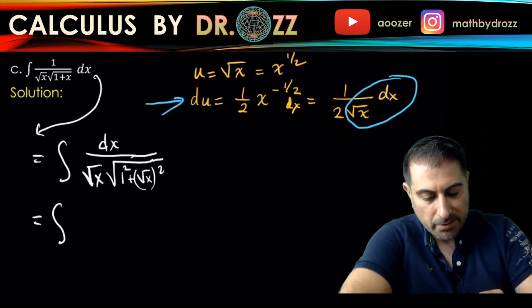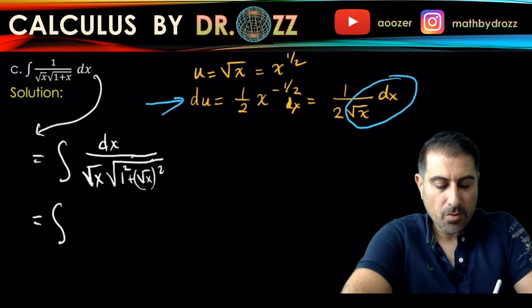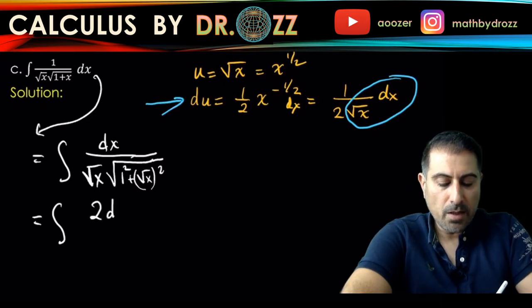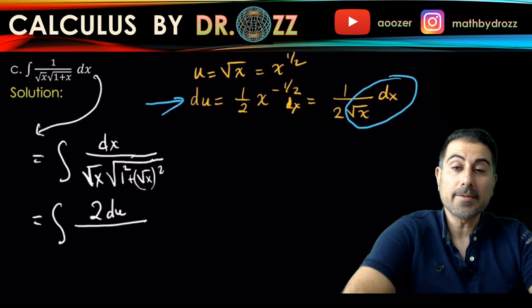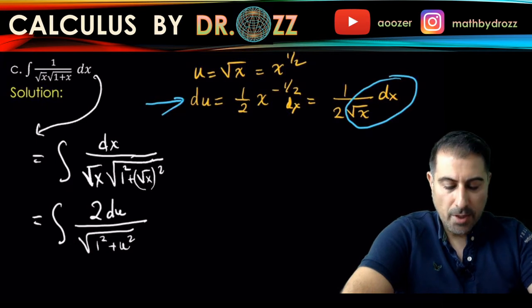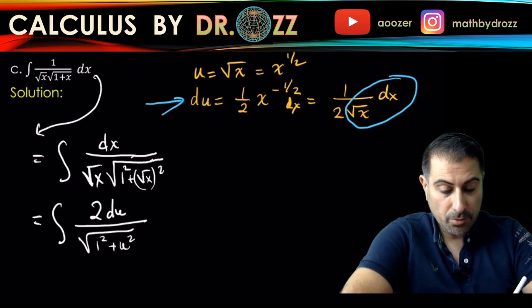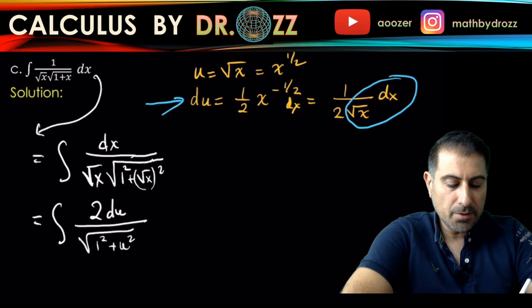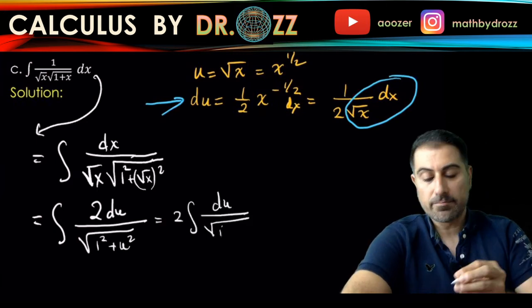So here we go: 2 du divided by 1 squared plus u squared. That's good news. I can pull out 2 to start with. So this is 2 times du over radical 1 squared plus u squared.